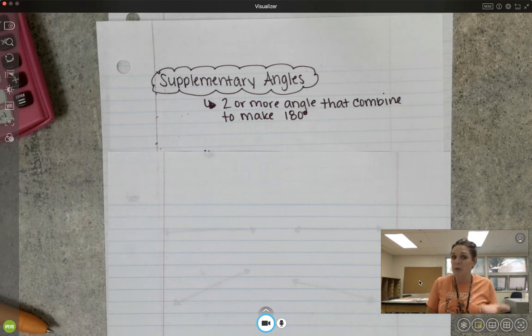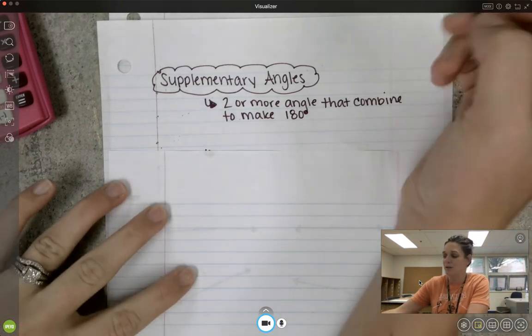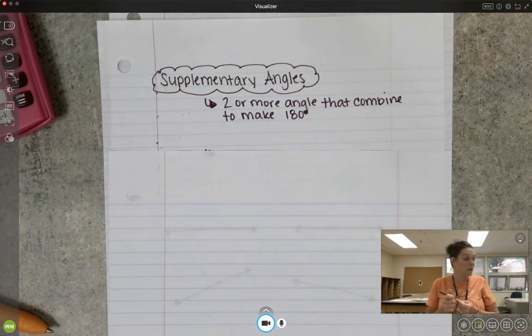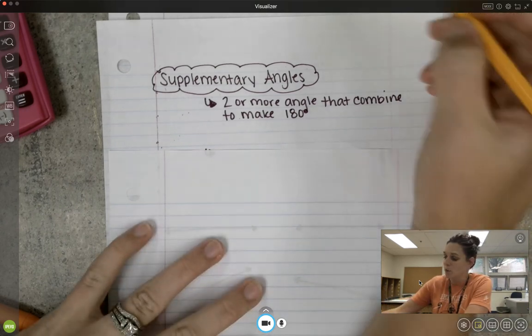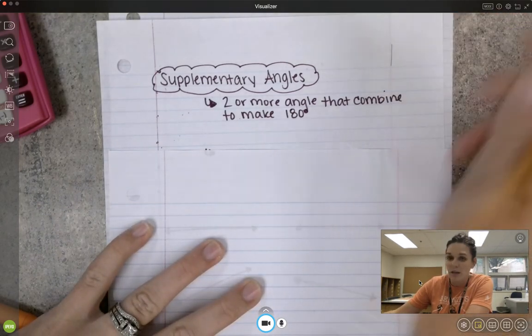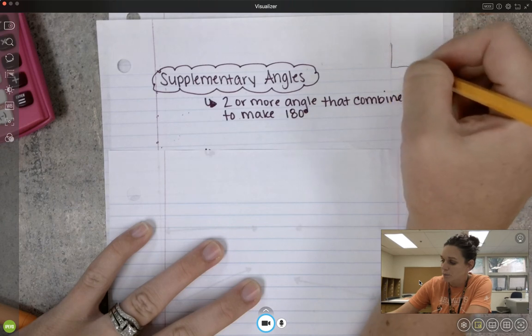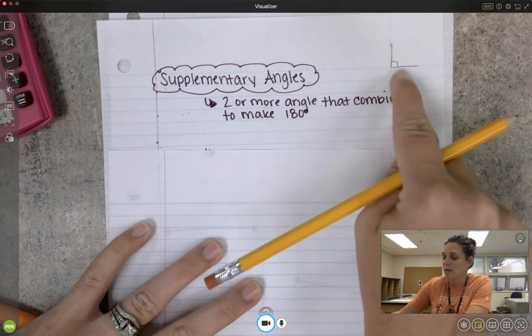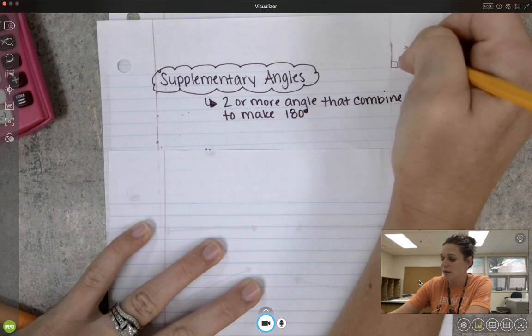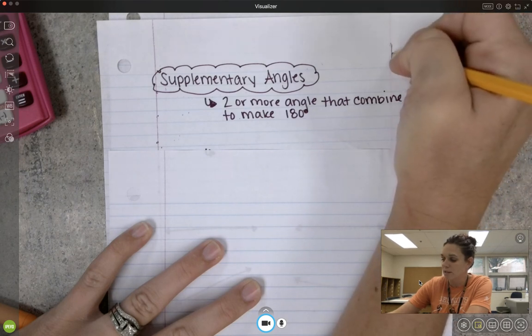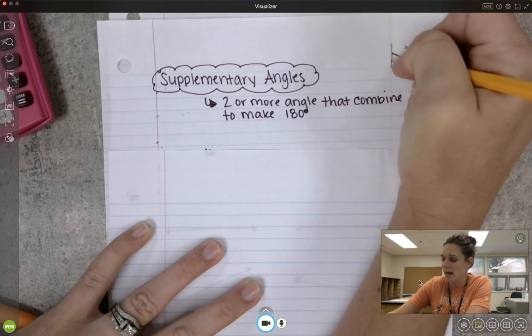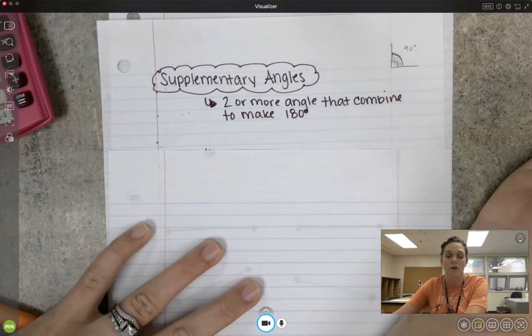Okay, now here's also the thing. So we learned with complementary, so I'm going to draw myself a little picture up here so you can see it. And I'm just going to draw it in pencil. You don't have to draw it, but if you want to see it. So we just learned, and I'm going to use this red line here because I know that is 90 degrees, a complementary angle is 90 degrees. So from this spot to this spot, this whole gap all up in here is 90 degrees.